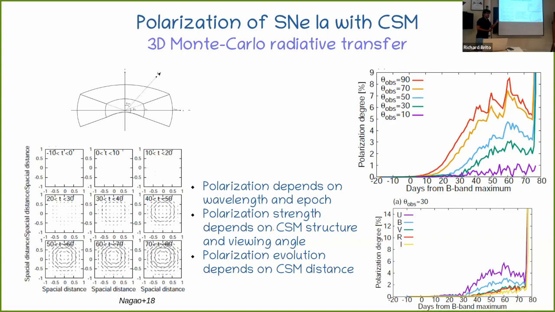And that reddening correction, maybe you're always using the same correction, when in reality not all type 1a supernovae have the same CSM. Not all have CSM, so the corrections that we do for cosmology and for the Hubble tension are very dangerous. So yeah, definitely.